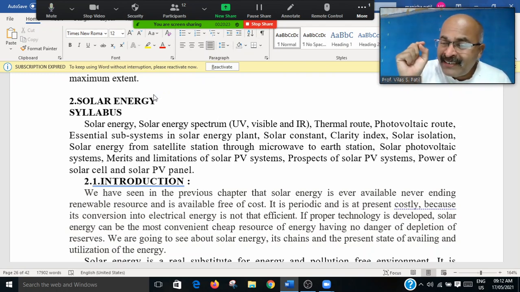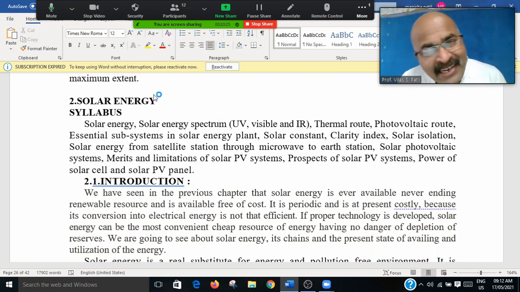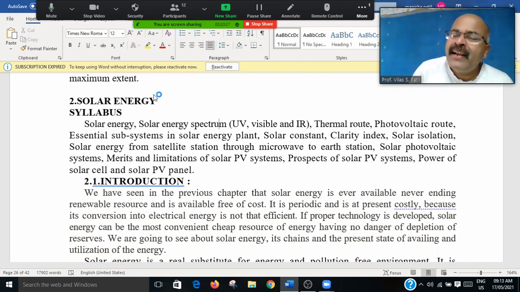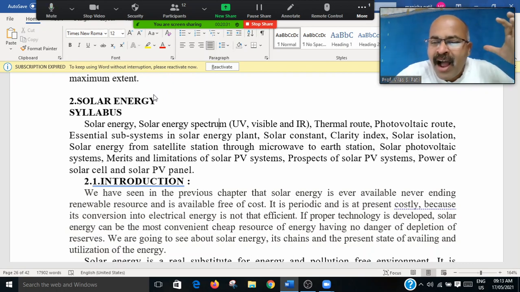In that satellite plant we can convert the high intensity radiation into high electricity, and it will be transferred to the earth in the form of microwave.